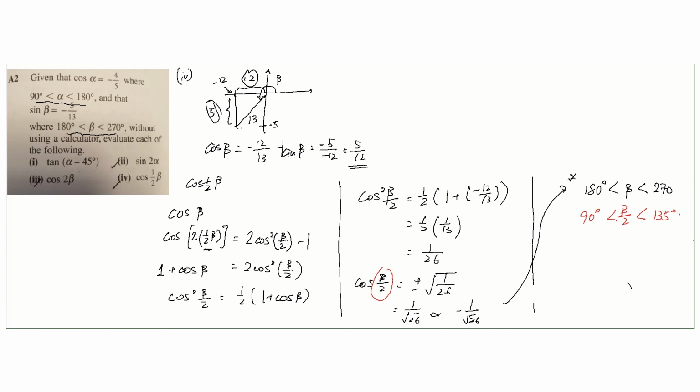So if I have cosine of an angle that is lying in the second quadrant, what do we know? In this case, cosine beta over 2, which lies in the second quadrant, should be less than 0. And therefore, we should reject our positive answer. So therefore cosine beta over 2 is equals to negative 1 over square root 26.